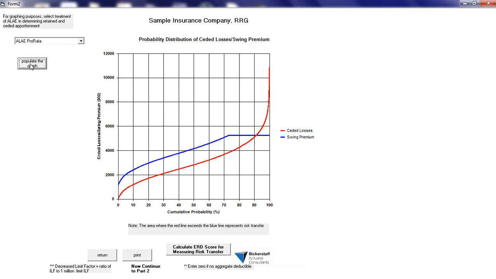In this video, this is part two, a continuation of a demo I'm doing of a model that we put together to determine the effectiveness of a specific reinsurance plan for a proposed captive.